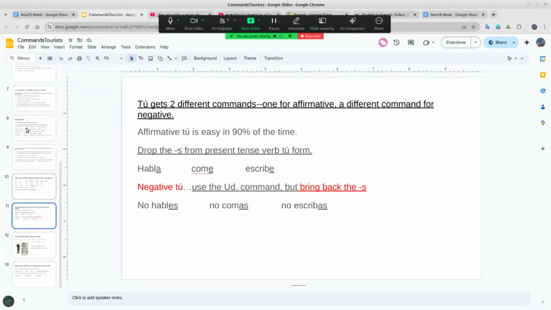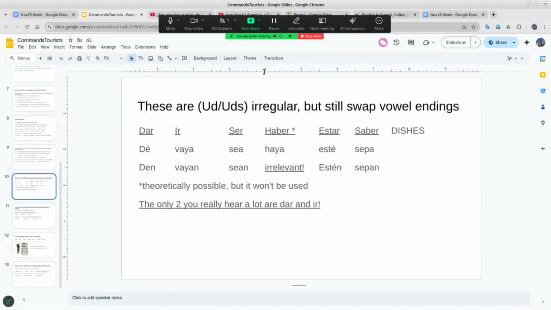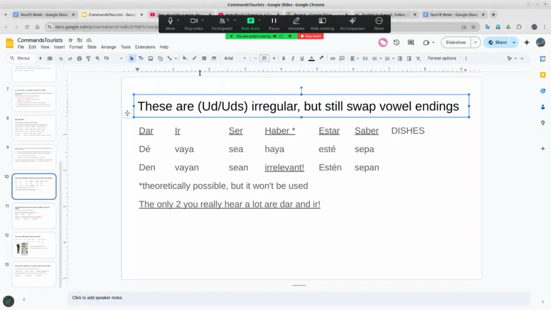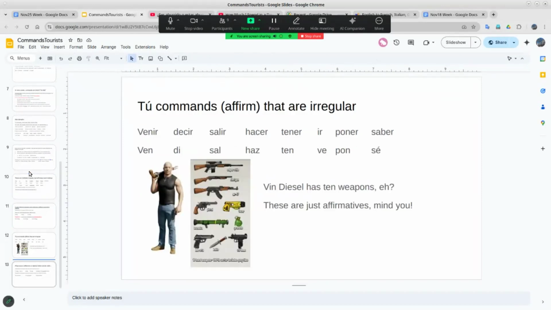So, okay, while usted gets one set of verbs that are irregulars for usted commands or ustedes commands, tú has a totally different set of irregular commands. You see why this is a can of worms? It's a Pandora's box.